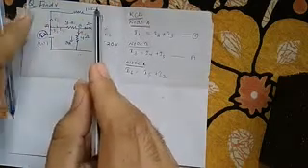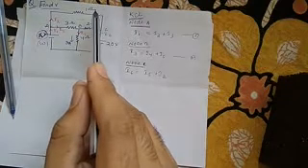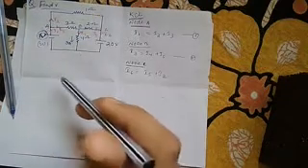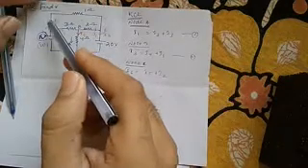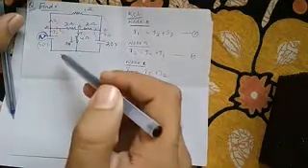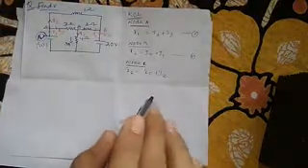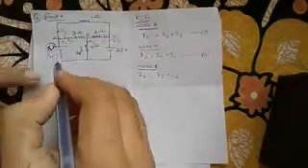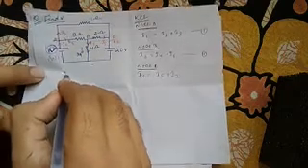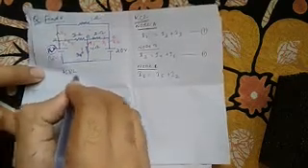So negative 2 ampere in this direction equals 2 ampere in the opposite direction. This is KCL. We have applied the KCL. Now it turns to KVL. Okay, now we will do KVL. We will write the KVL like this.